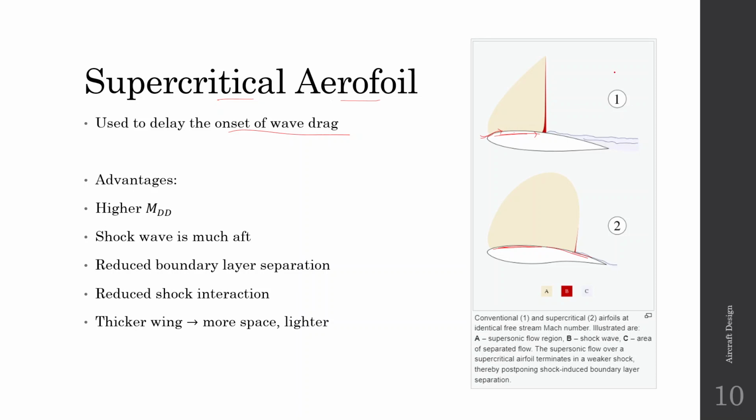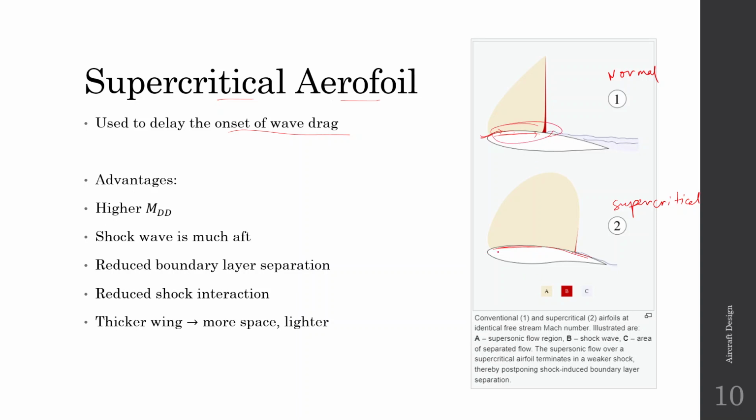So one is the normal aerofoil, and two is the supercritical aerofoil. In the normal aerofoil, the flow accelerates very much over here, and then it decelerates, and so the maximum lift is produced from this section.